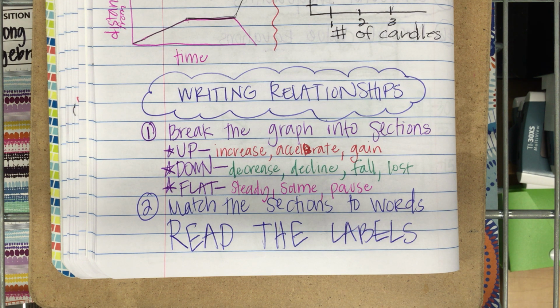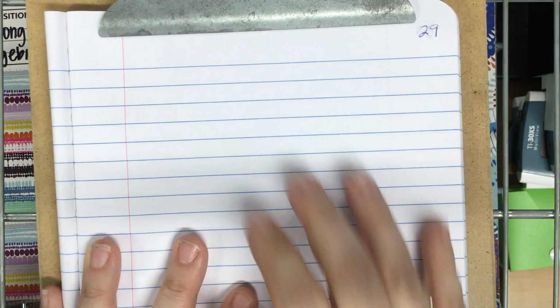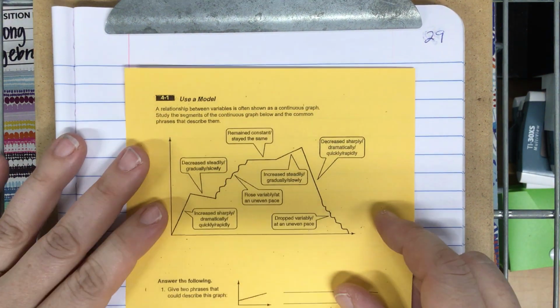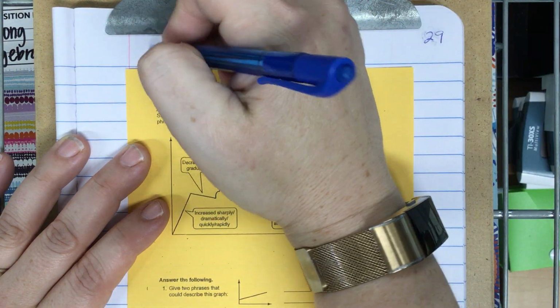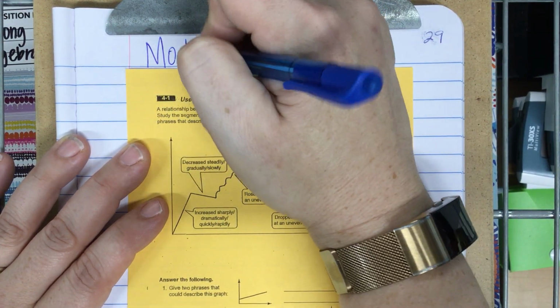All right, now, this is going to get glued on page 29. I'm going to glue after we talk about it. But this is going to be about modeling. This is going to be the actual practice.